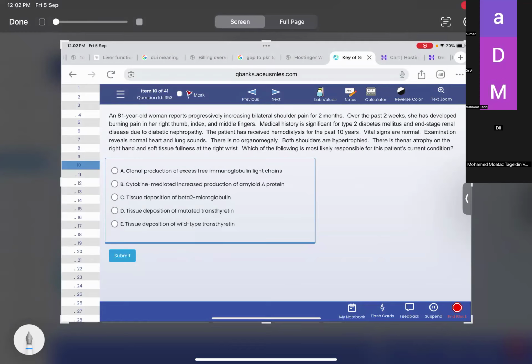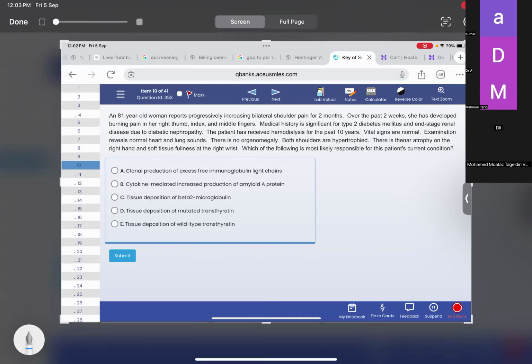The patient has received hemodialysis for the past 10 years. Vital signs are normal. Examination reveals normal heart and lung sounds. There is no organomegaly. Both shoulders are hypertrophied. There is thenar atrophy on the right hand and soft tissue fullness at the right wrist. Which of the following is most likely responsible for the patient's current condition?